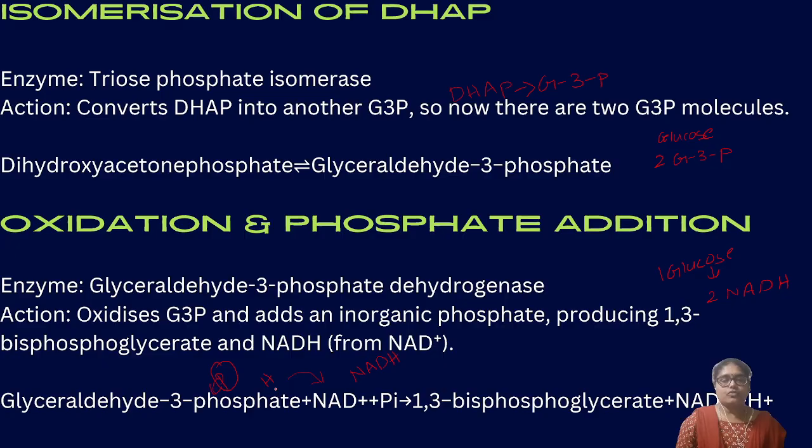Here, hydrogen is removed and the compound gets oxidized, hence it is known as dehydrogenase enzyme. Removal of hydrogen from the compound is known as oxidation, and a phosphate group is attached to this, hence the name of the reaction is oxidation and phosphate addition.